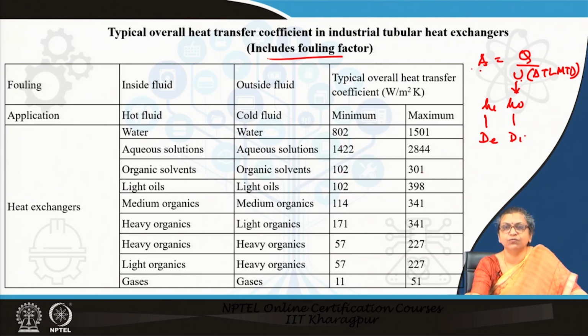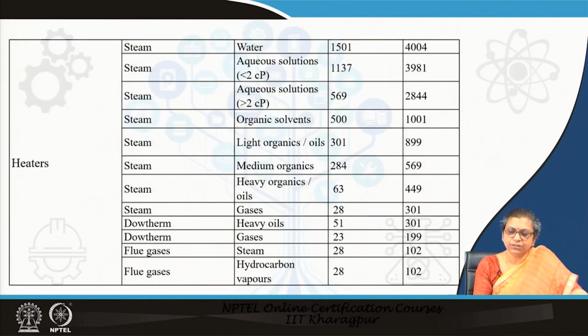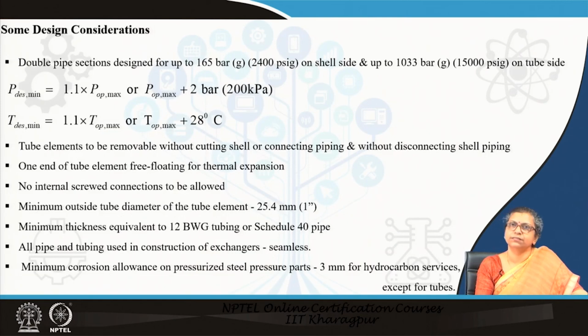Using that you find out A. From A, you can find out Di, De, L, etc. Once you have found these out, you find out ho, hi. Using this ho, hi, again find out U. See if the U falls within these limits or not. If it falls, you are lucky, then you can proceed with the design that you have done. So, these are just to start the design.